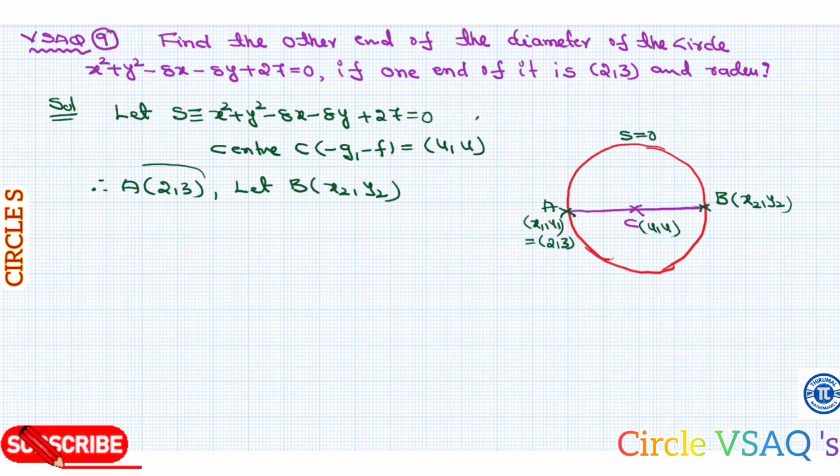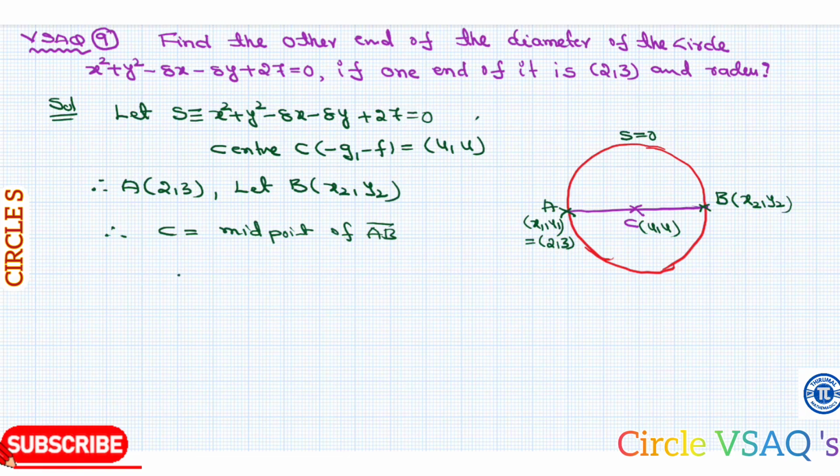Now the given one end of the diameter is (2, 3). Let the other end be (x2, y2). It is clear that the center C is the midpoint of the diameter, so the midpoint of AB.